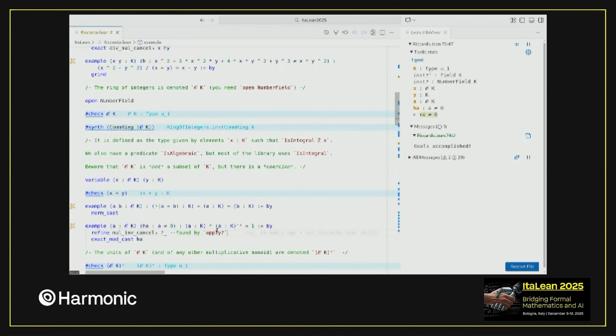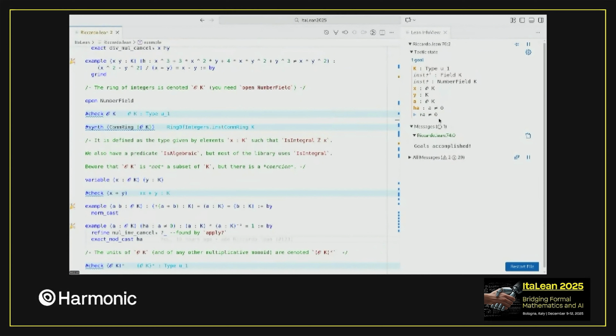And if you try apply question mark, it finds this lemma, mul inv cancel 0, and you see that the new goal is that A is different from 0.